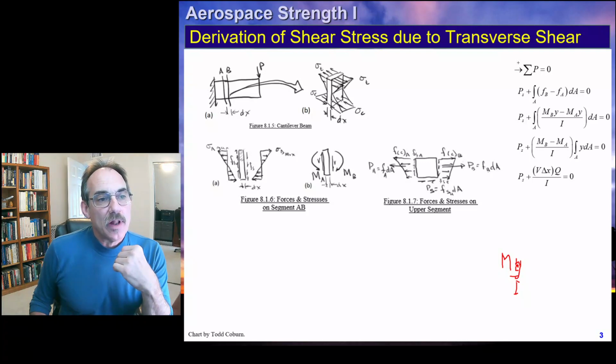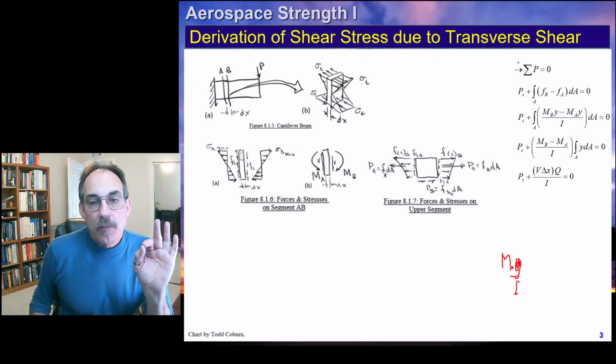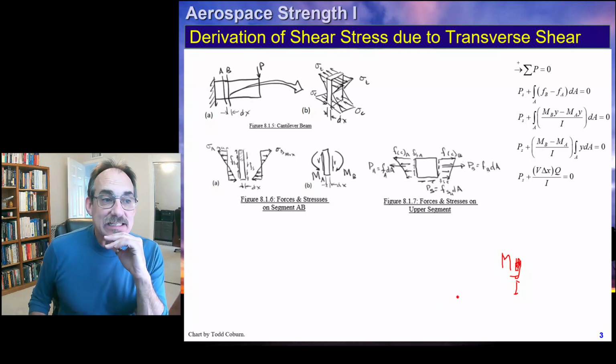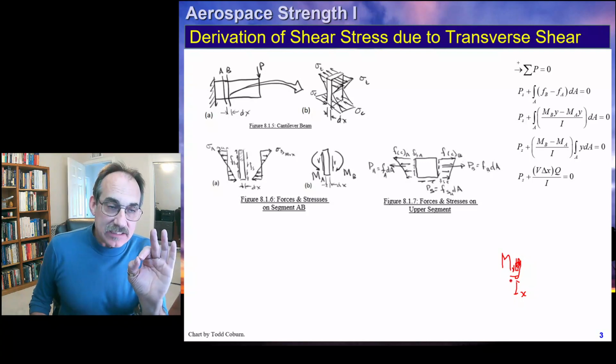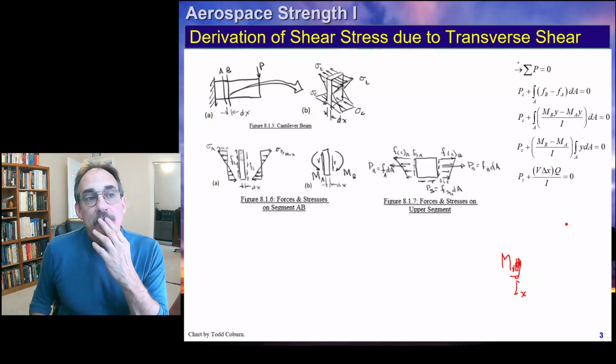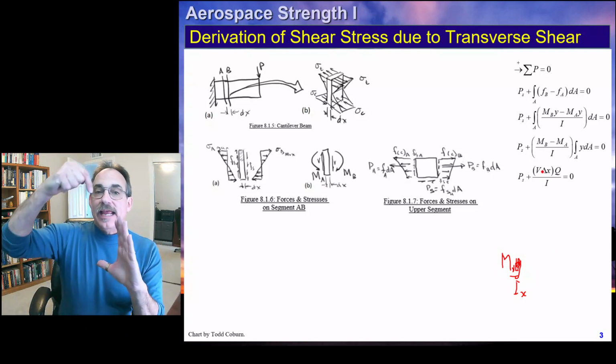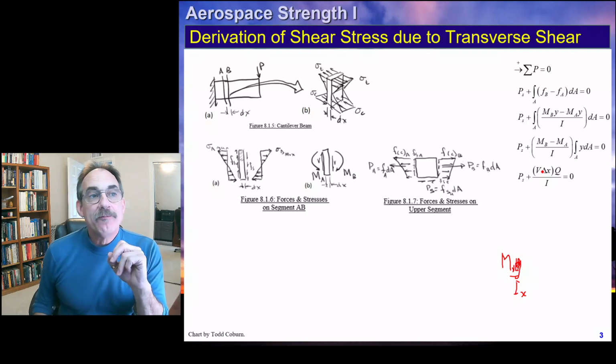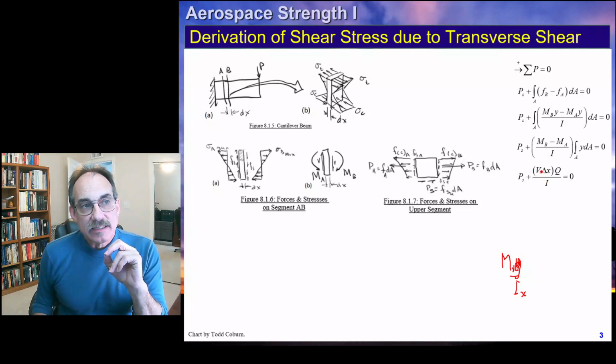The position from the neutral axis up to the point. The moment we're talking about, in this particular case, is a moment about the X axis. So this is an MX. And this is the bending moment of inertia about the X. So we have M times Y over I. M about the X over I about the X times that Y minus Y bar. Now when we switch that to a shear, it's the downward shear that changes the X moment. So that's a VY. VY times dx is how that moment changes. Okay?